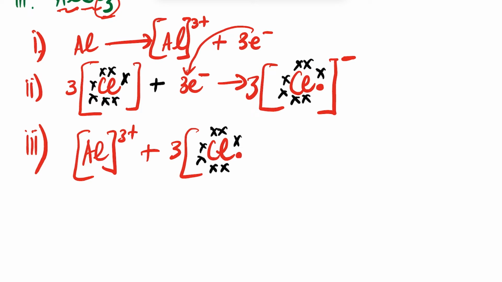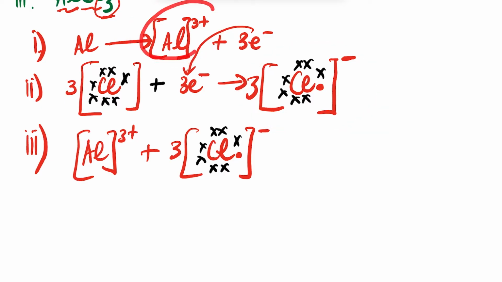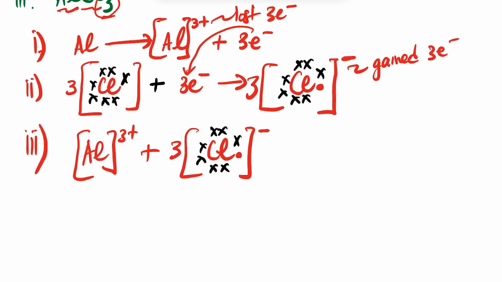So what I'm doing now is adding these two, this one and this one. This one has lost 3 electrons, and this one has gained 3 electrons. So I'm adding the two.